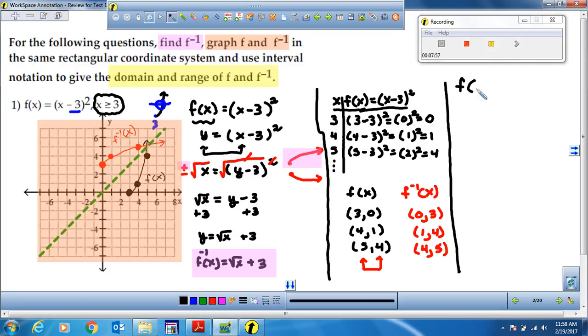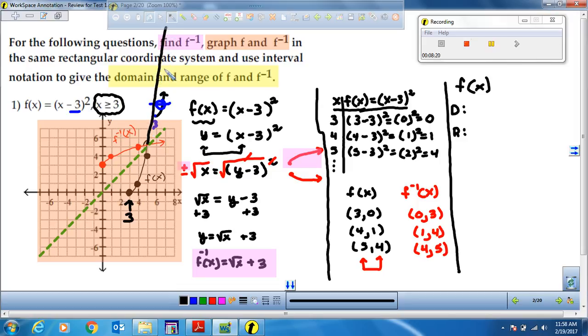I'm going to start with f of x and find its domain and range. Looking at the graph of f of x on the x-axis, the first value of x that we can detect is x equals 3. Then the graph keeps on going and going, so every value of x after 3 has a point on the graph. 6 is on the graph, 7 is on the graph, 8 is on the graph, and so on.